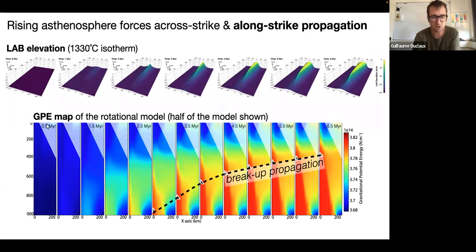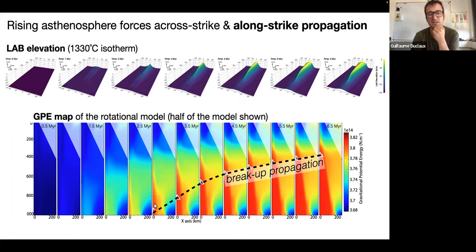This is just a picture of the gravitational potential energy maps that you've got here. The triangle here is only half of the model, and you see its evolution through time. What we see is a breakup propagation, when the continental crust completely breaks apart, and you see that the breakup propagates slower and slower in time because we pull at a very slow rate in this part of the model.